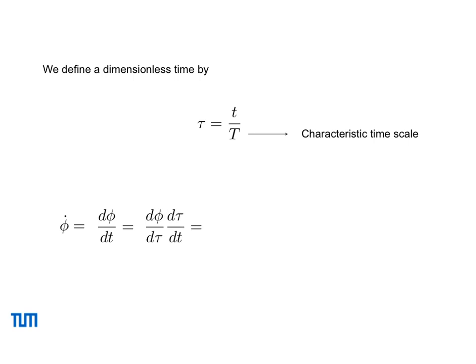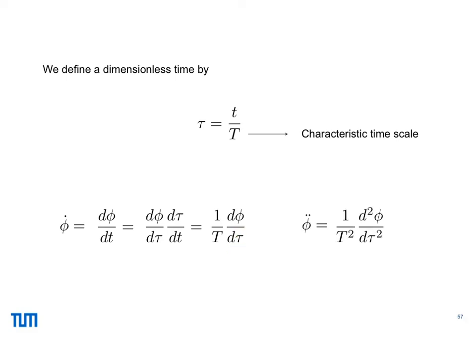The whole procedure is basically having the expression in terms of the dimensional time, and we apply the chain rule again, and then we can have this time scale in here, 1 over T, and the derivative with respect to a dimensionless time tau.